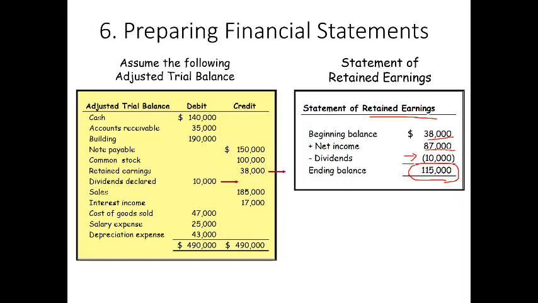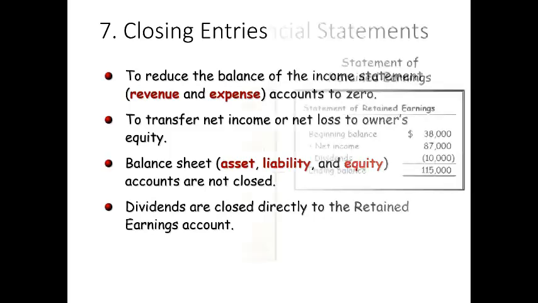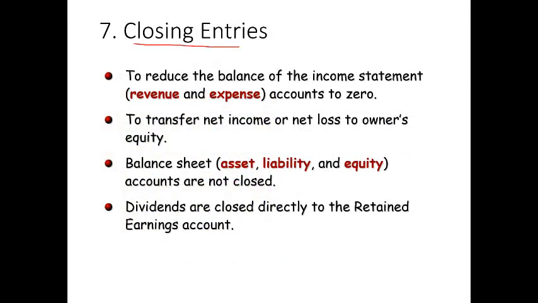Okay, so that's how we're going to prepare our financial statements. And after we've prepared our financial statements, we're going to have closing entries. So what I was talking about before, we had these temporary accounts like revenue and expense.